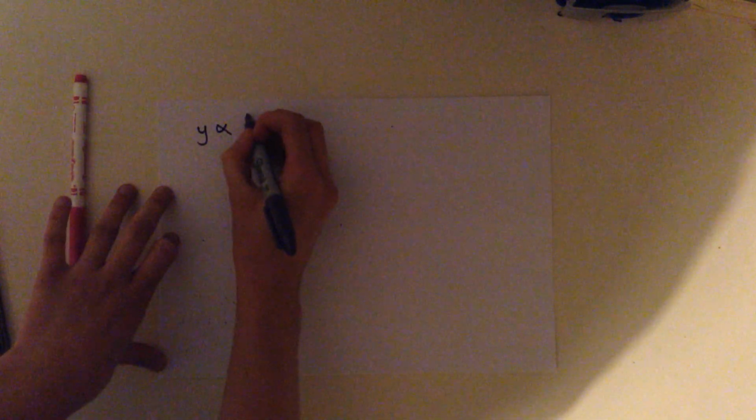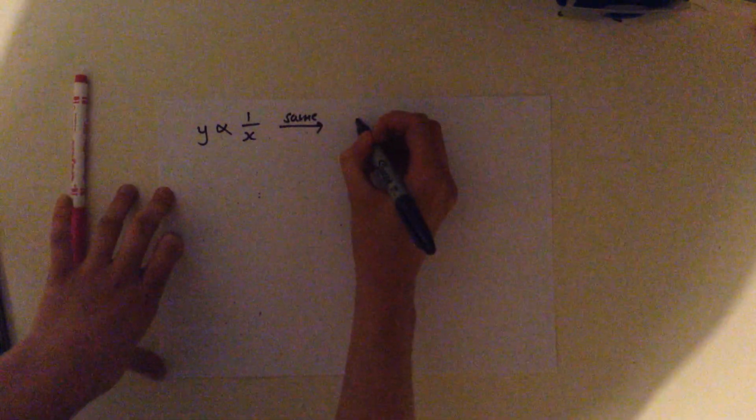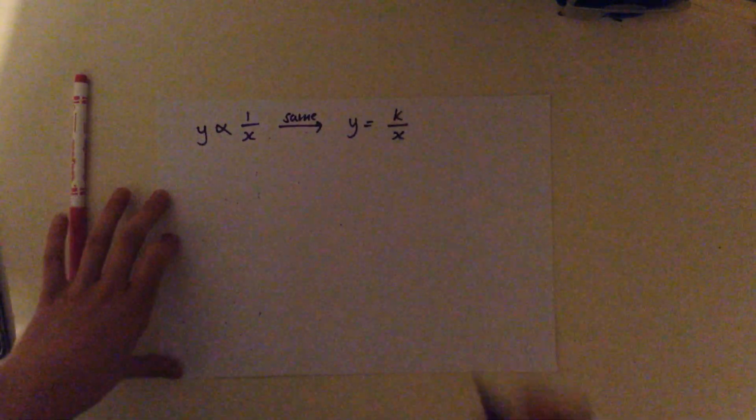Okay, similarly, if we've got inverse proportion, we write it like this, as I showed you before. So y is directly proportional to 1 over x, which is the same as writing y equals k divided by x.